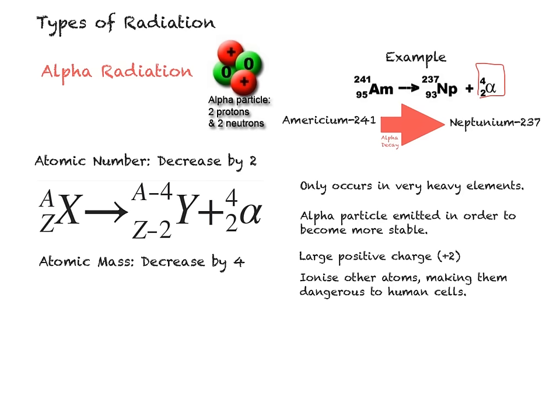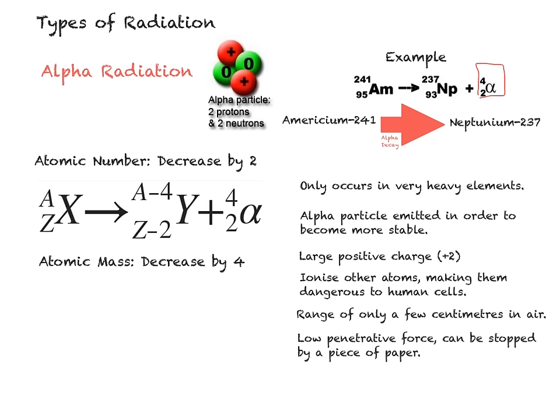This ionization of other atoms requires energy, so the alpha particles lose their energy rapidly as they travel. This means that they have a range of only a few centimeters in air. They also have very little penetrative force, enabling a sheet of paper to stop the movement of alpha particles.